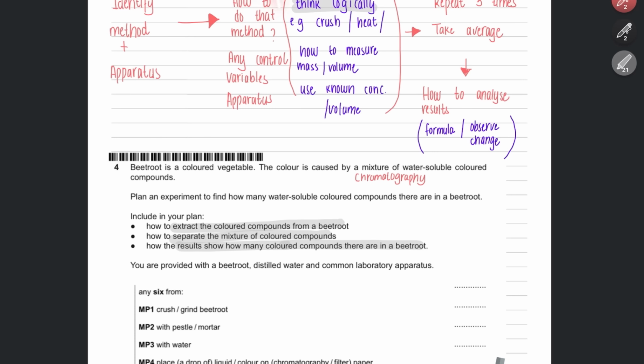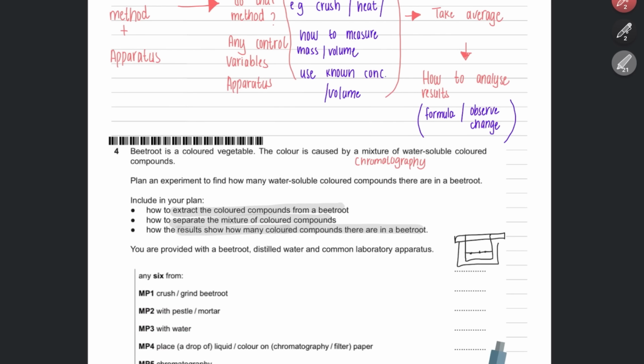So how are you going to do the method? Think logically. Apparatus you can even draw is going to help you. Now you cannot directly put your beetroot on the chromatography paper, right? So of course you need to crush it. How are you going to crush it? Think logically. You need some apparatus. Use pestle and mortar. Now it's crushed, mix it with water. So you get a solution kind of.